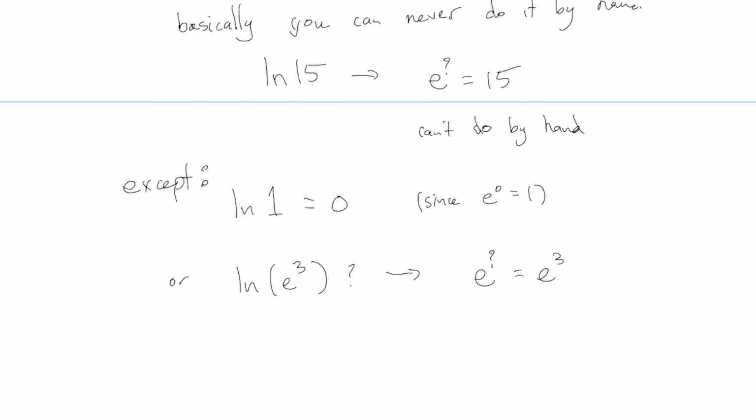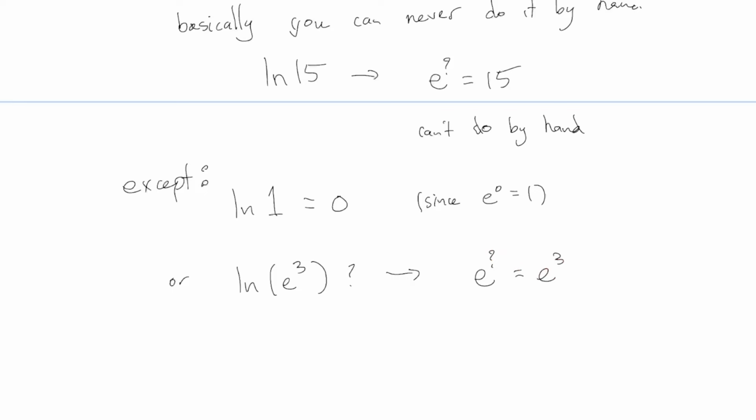E to what power equals e to the 3? Anybody think you know? This seems like a stupid trick question. It has an appropriately stupid answer. The answer is 3, is what you put here if you want these two things to be equal.